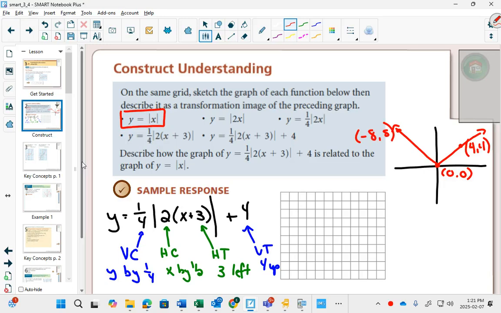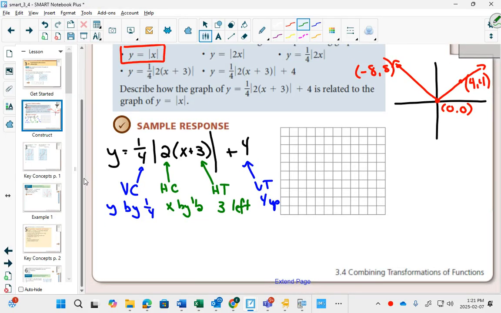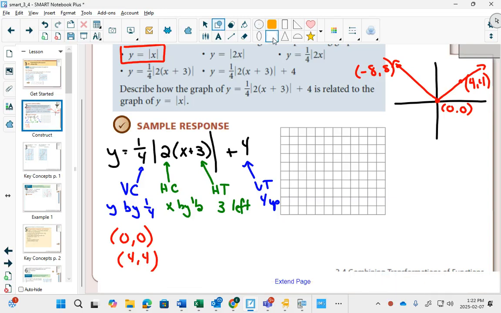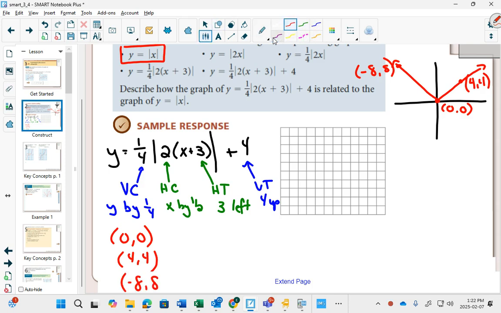Maybe I'll use -8, 8. And this is how we're going to show our work to do this all at once. We're going to take those 3 points that I did in red. I had 0, 0. It doesn't matter the order we write them in. 4, 4. And -8, 8.